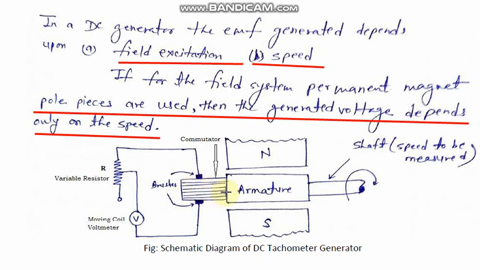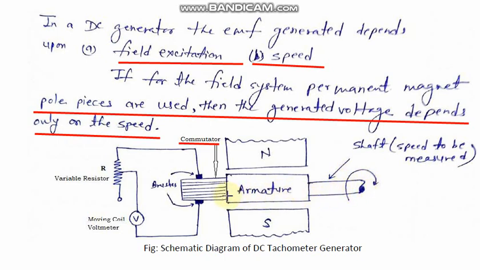The commutator rotates, and the commutator in a DC generator is actually a mechanical arrangement for converting the AC generated voltage into DC voltage. Here in this cut view you will be able to watch the north pole and south pole of the permanent magnet, and the armature having the conductor will rotate according to the rotation of the shaft whose speed has to be measured.